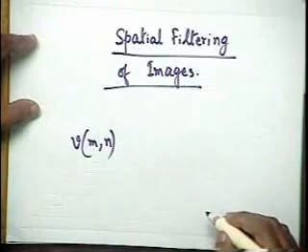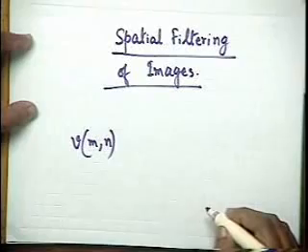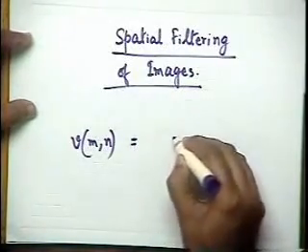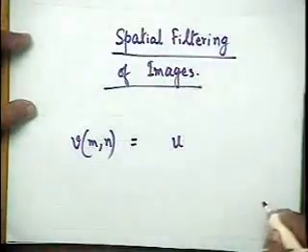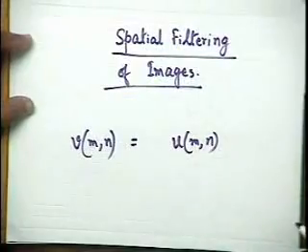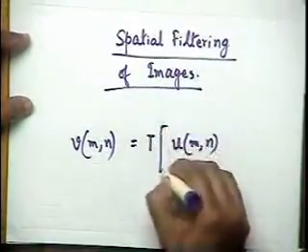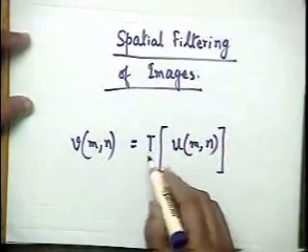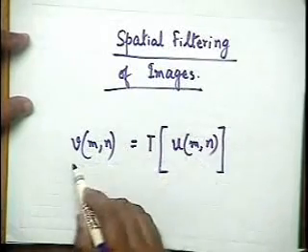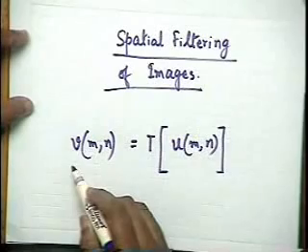I am writing Vmn as the intensity of the processed image, and the intensity of the original, or input, image as Umn. We apply some kind of transformation function T over Umn, such that we get the processed image intensity Vmn.